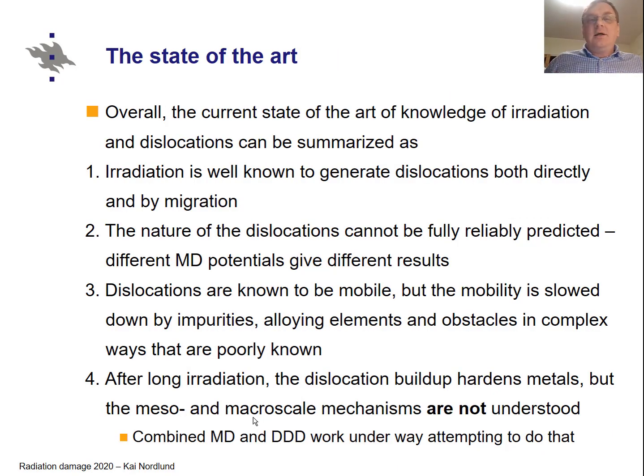So overall, as a finish of this dislocation section, I'd like to summarize the current understanding, speaking now in early 2021, of how well irradiation and dislocations are known. So, first of all, it's definitely well known that irradiation generates dislocations, both directly in heat spikes and then even more by irradiation.